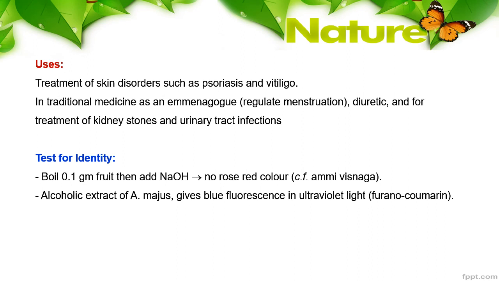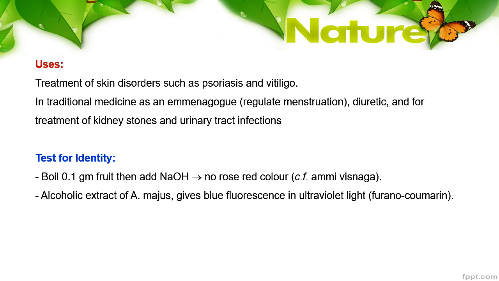Ammi majus is used for skin leukoderma or vitiligo and psoriasis. In traditional medicine, Ammi majus has emmenagogue activity, regulating menstruation, and has a diuretic effect, and is also used for treatment of kidney stones and urinary tract infections.